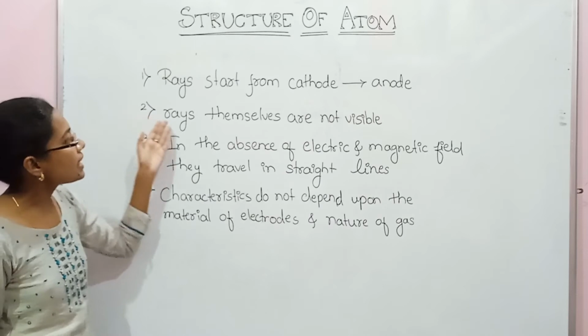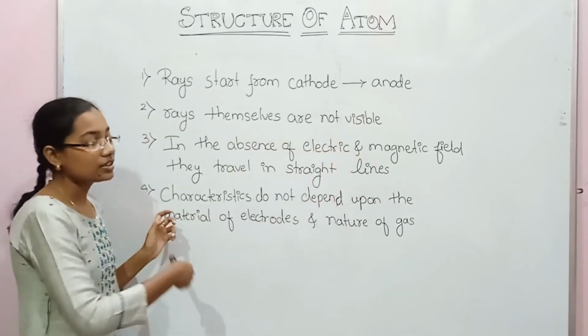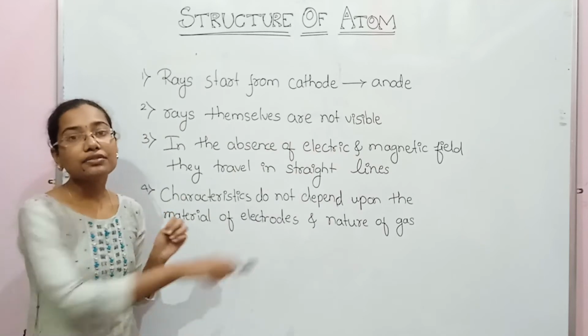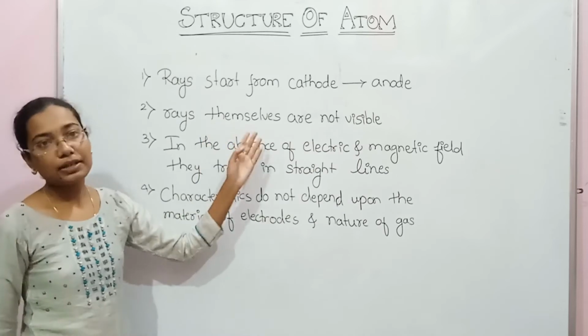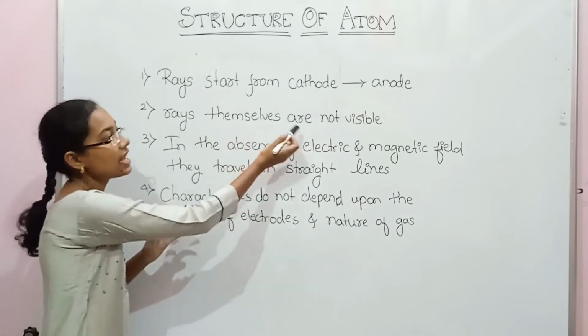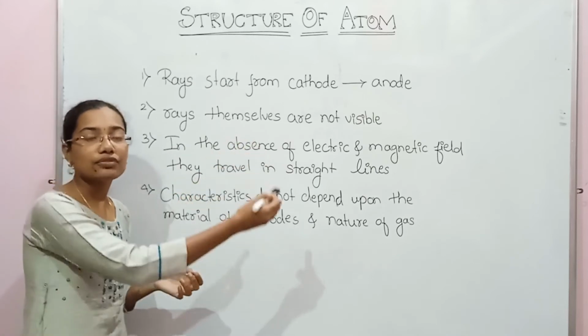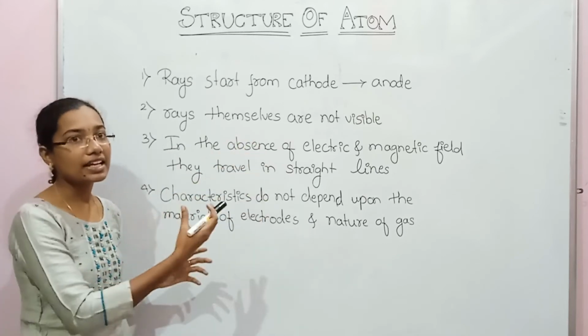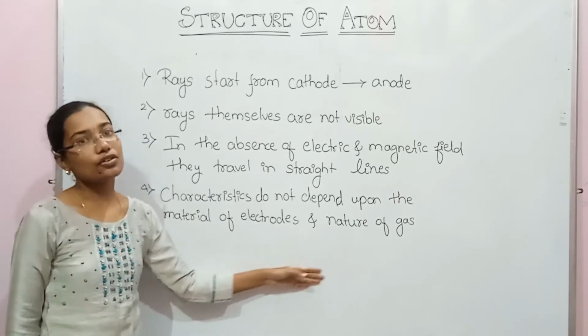The next one is, rays themselves are not visible. Of course, whenever they did the experiment without the fluorescent material, they could not see the rays, because they are not visible themselves. But when we use a fluorescent material, then we can accurately tell the motion and the direction of those rays.